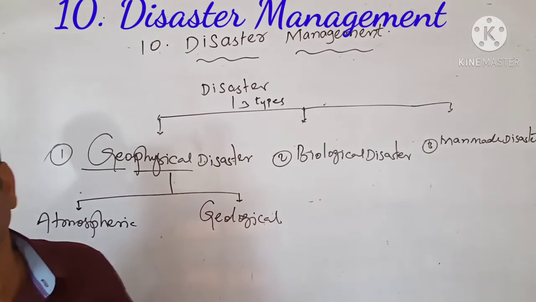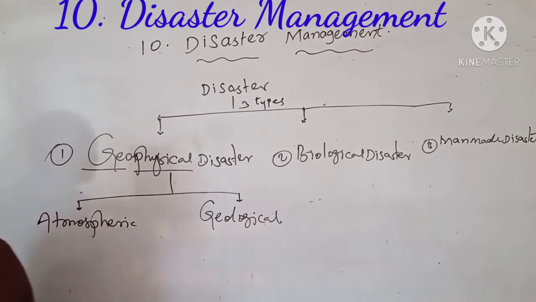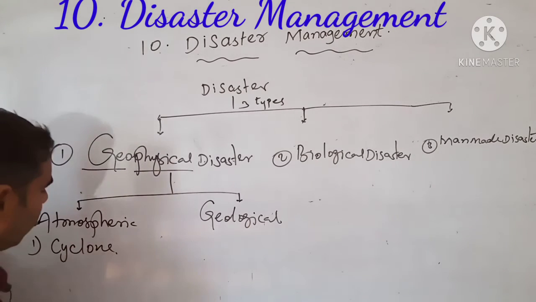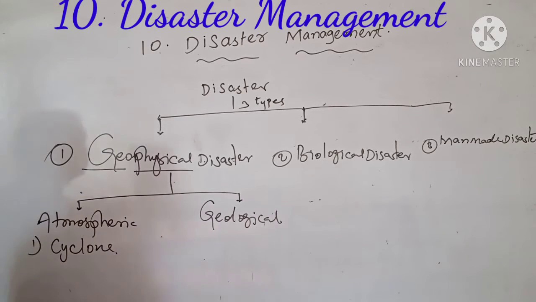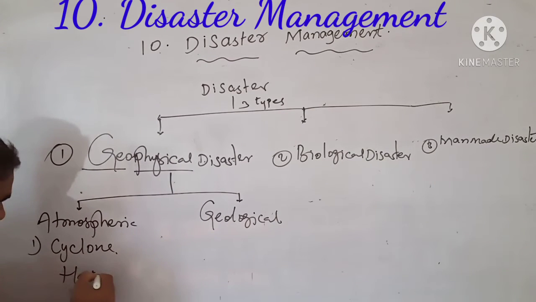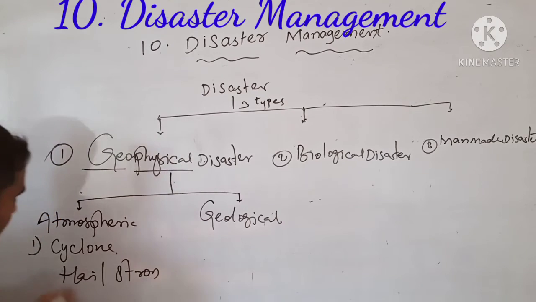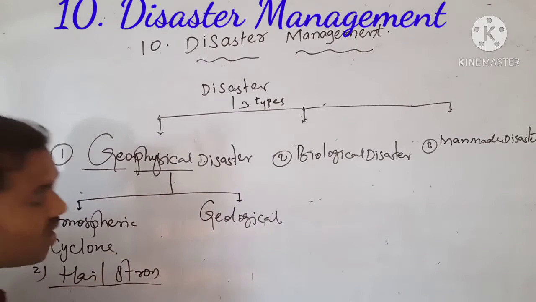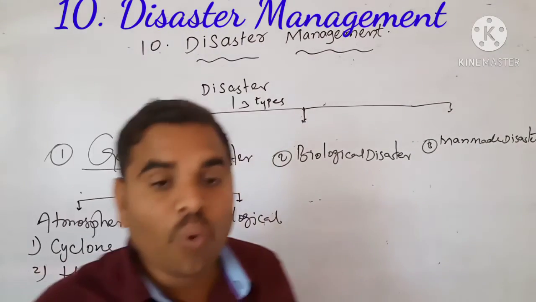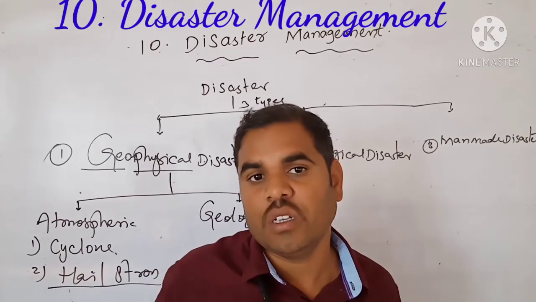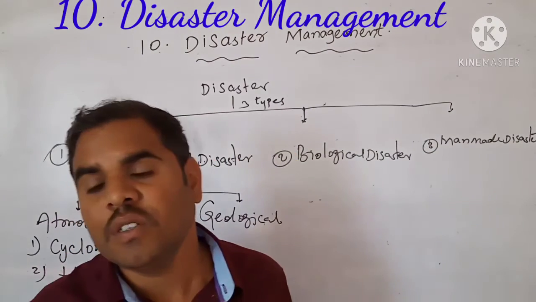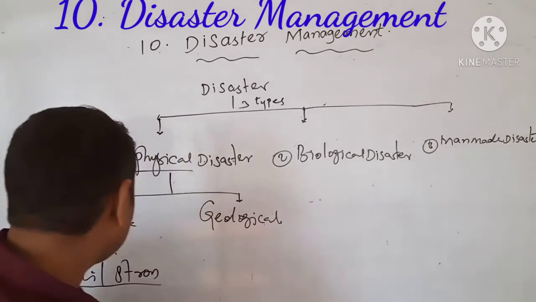Next, disasters. First one is cyclone. For example, we have to write cyclone in atmospheric changes. Next we have to see hailstone. It is a solidification. Stones fall from above like this, hailstone, especially in summer, hailstorm and hailstone.